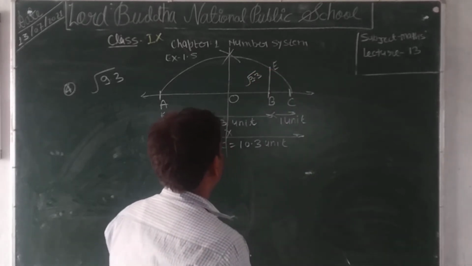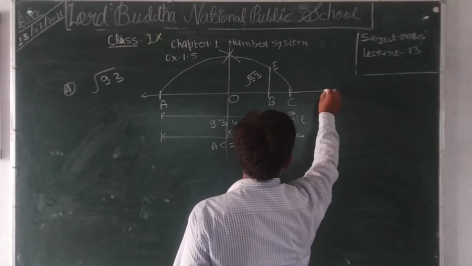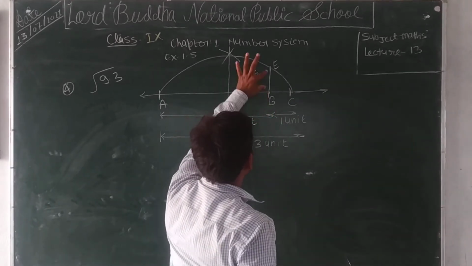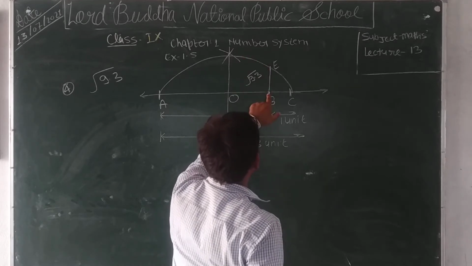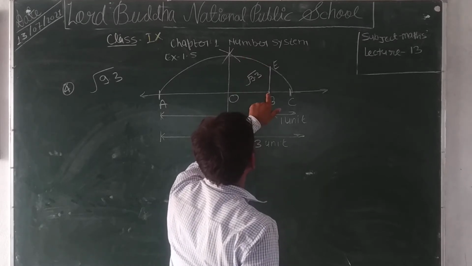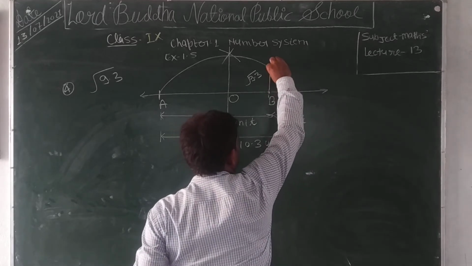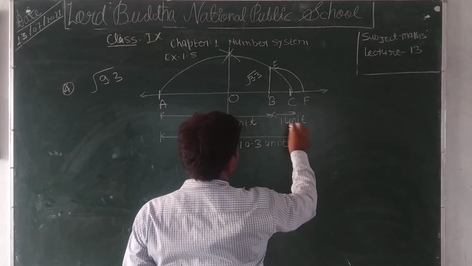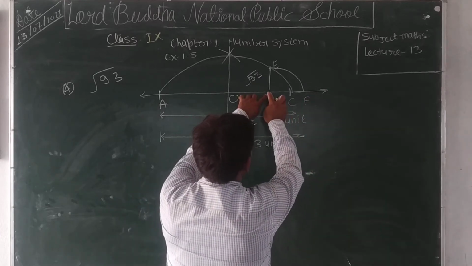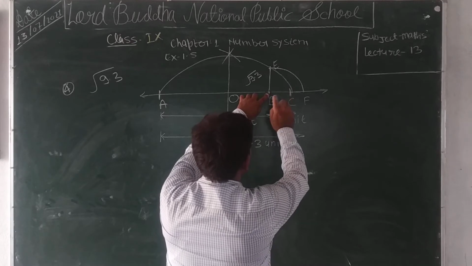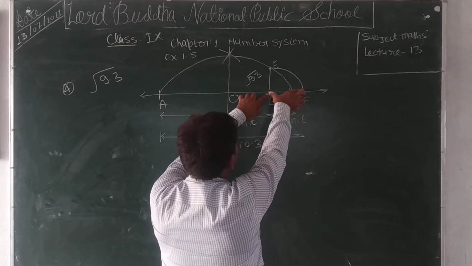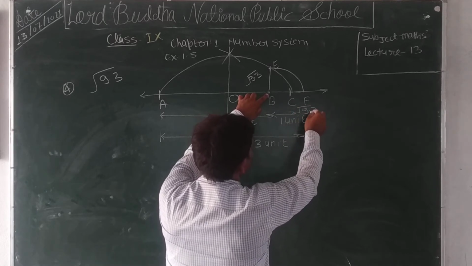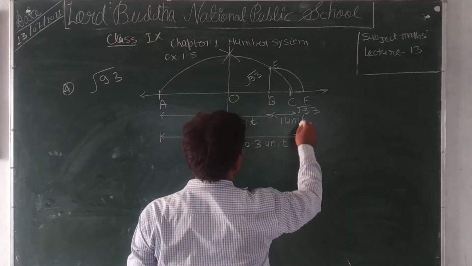Now we draw an arc of length BE, taking point B as origin, which cuts the line at F. B is taken as origin, then BF will represent root 9.3 on this number line.